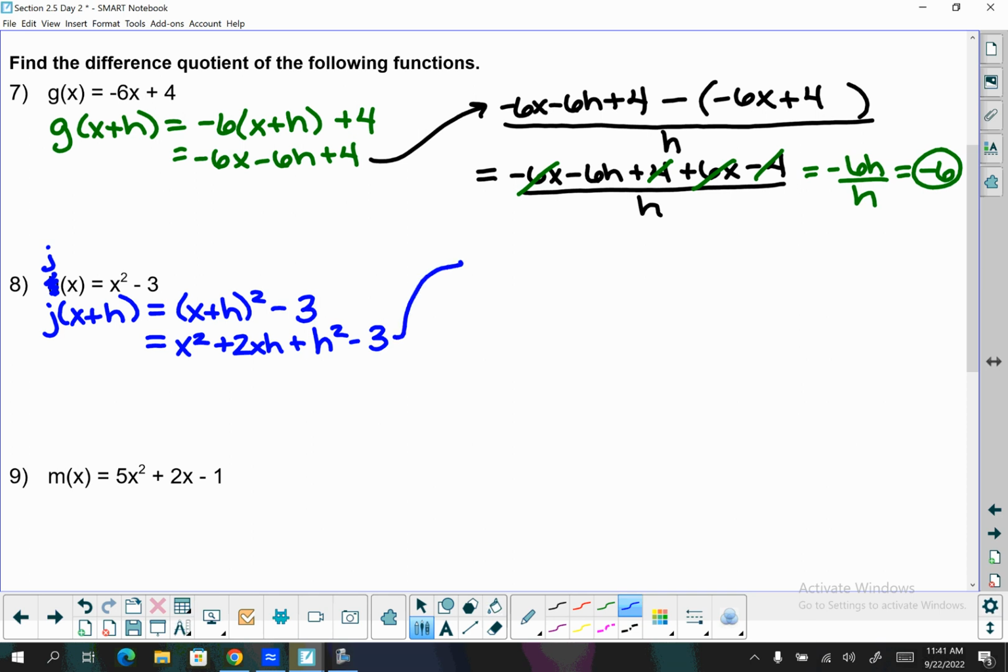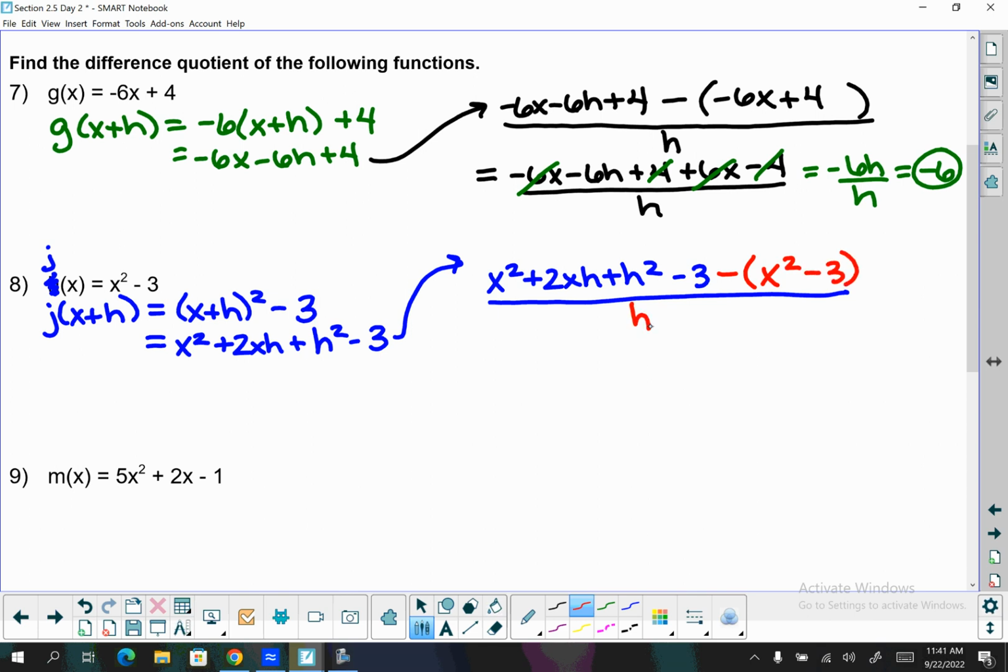All right, now let's put it in the big fraction. That's going to be first x squared plus 2xh plus h squared minus 3. Okay. Minus the original function. So minus my original function in parentheses, x squared minus 3, the whole thing divided by h.